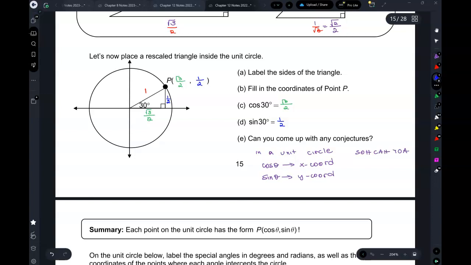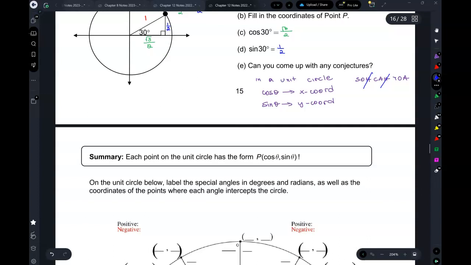Now, when the hypotenuse is 1 in a unit circle, I can actually drop the h's. So sine is the opposite, cosine is the adjacent, tangent is still opposite over adjacent. So I eliminate over hypotenuse altogether. Cool? Okay, so each point on a unit circle has the form cosine theta, sine theta.